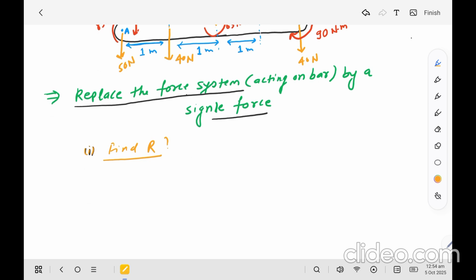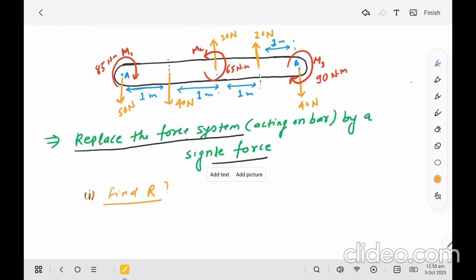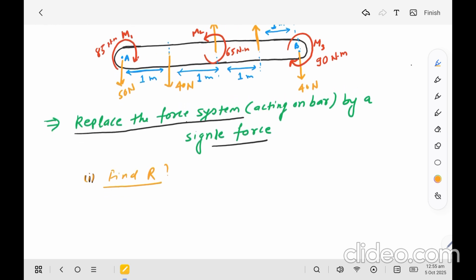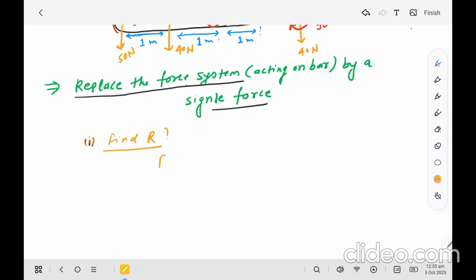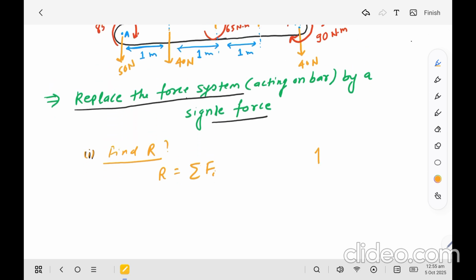The resultant of forces, because the red ones are the moments of couples, not the forces, is again nothing but the algebraic sum of all the parallel forces acting on this object. In this case we will use this as the positive direction and this one as the negative direction as a sign convention.